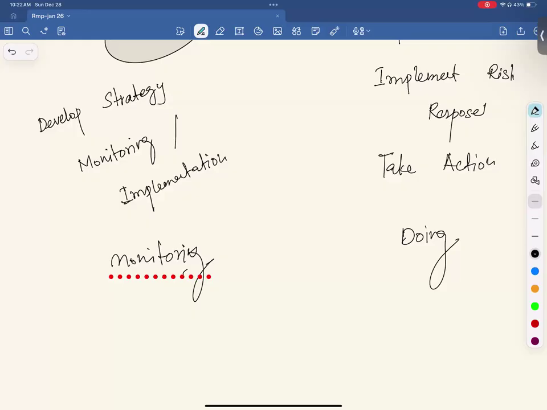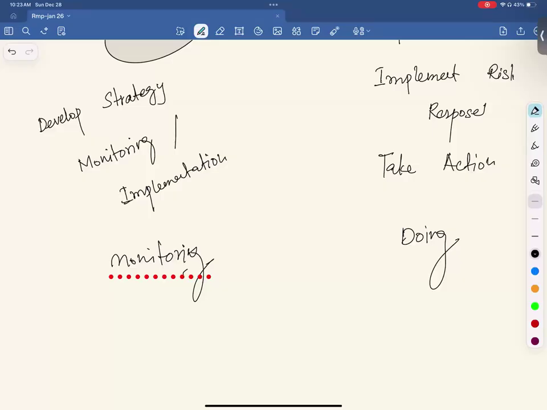Okay. Aftab, what's your response to Arslan's comment? He's saying implementation of risk response is the responsibility of the risk action owner. So why have you chosen A? Sorry, I was on mute. Because here we are saying developing risk response also.